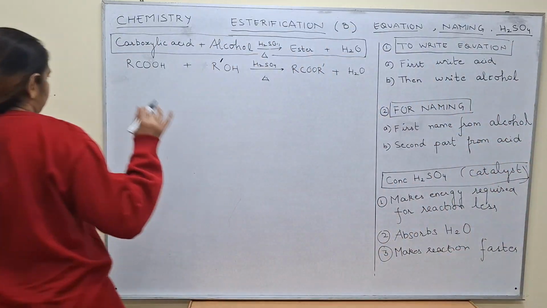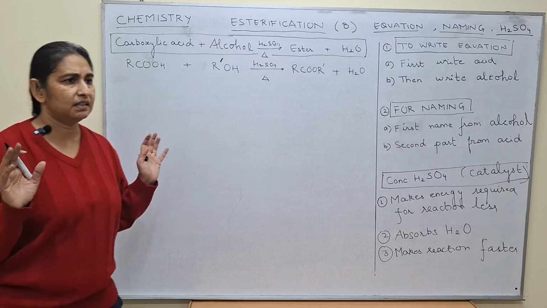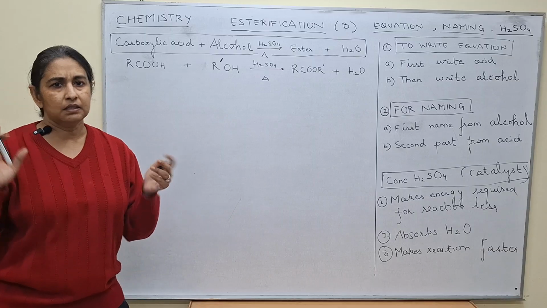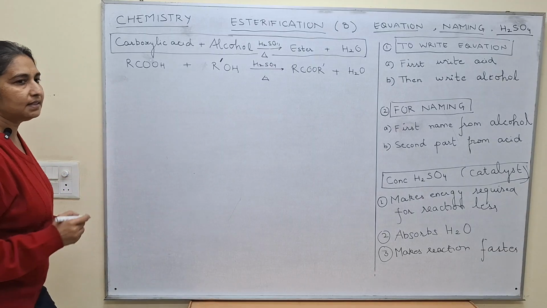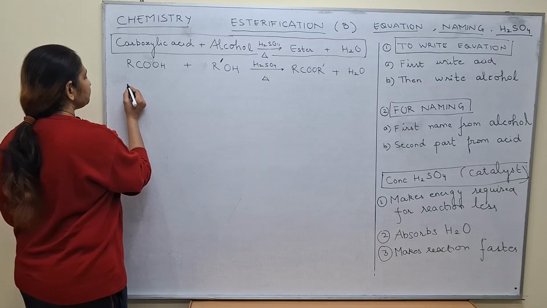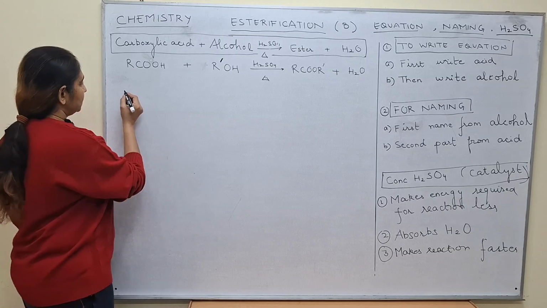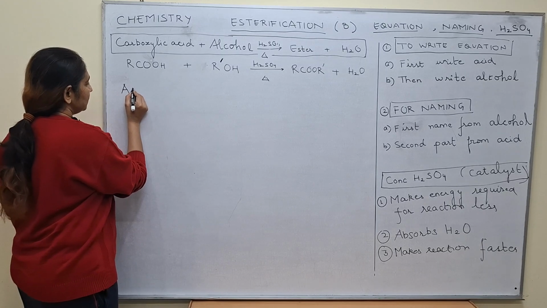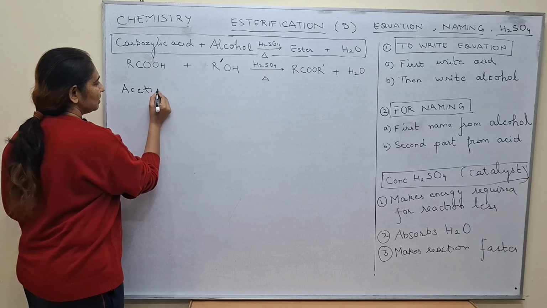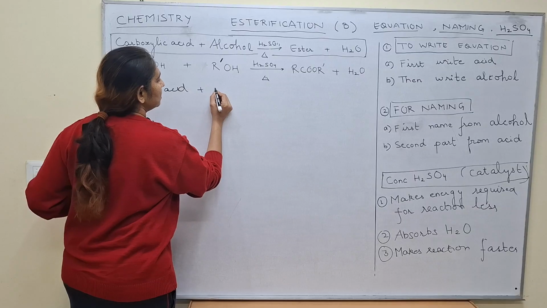Suppose let's take an example. Let's first take the example which is there in the textbook. The acid that they are using is acetic acid, ethanoic acid. They are using acetic acid and ethanol.